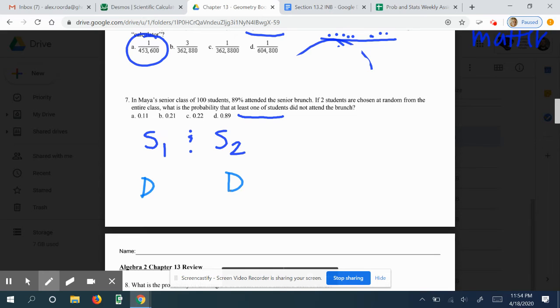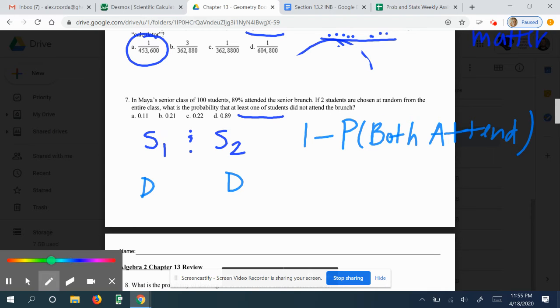So the way we do this is we do a conjugate, which is an opposite, right? And so what that means is we're going to take the probability of both of them attending and then do 1 minus the probability of both attend, right? Which seems interesting, and you can do it the other way, but it's maybe a little bit more work. Okay, so this way is probably the fastest.